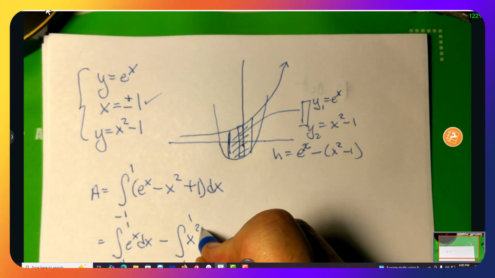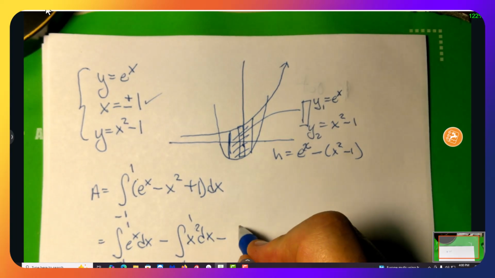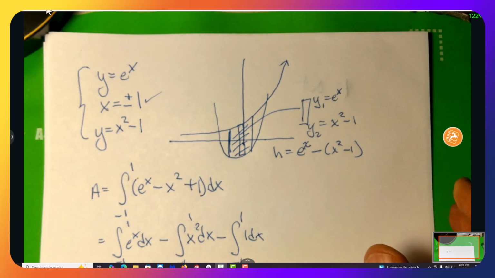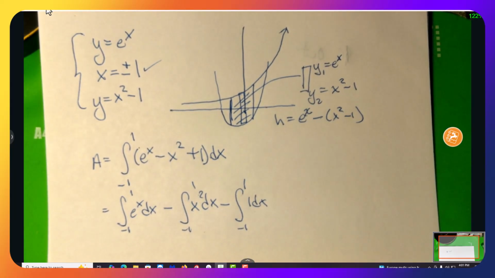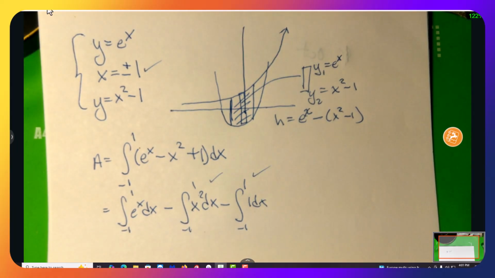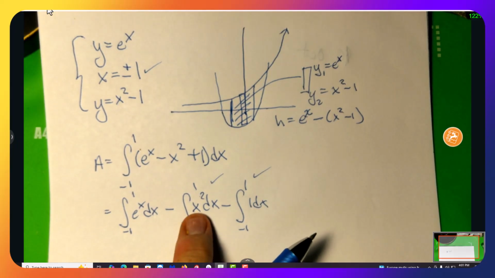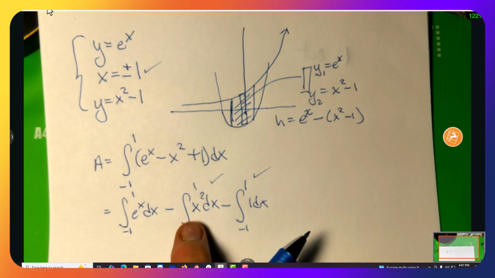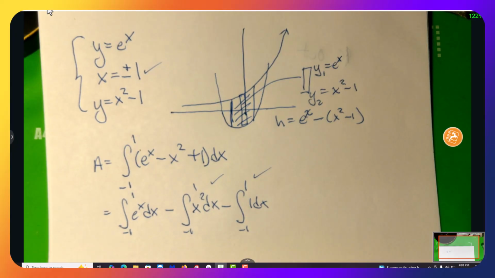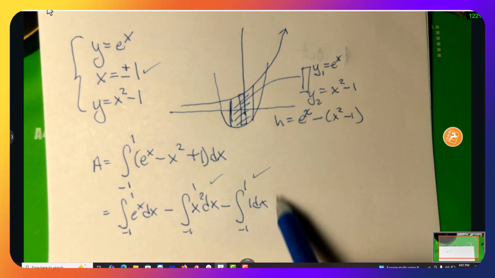Actually, there's something else I can do here too if I really wanted to. If you look at this second and this third integral, every one of these integrals has a symmetric interval, -1 to 1, but that's not the important part. This integrand is even, which means the area from -1 to 0 and 0 to 1 are the same and the same sign. Likewise for this constant function. But I'm just going to leave this alone because I see a rectangle.